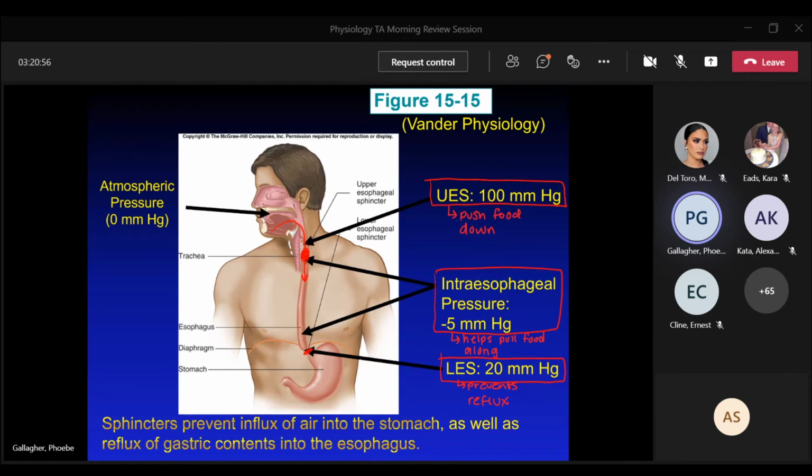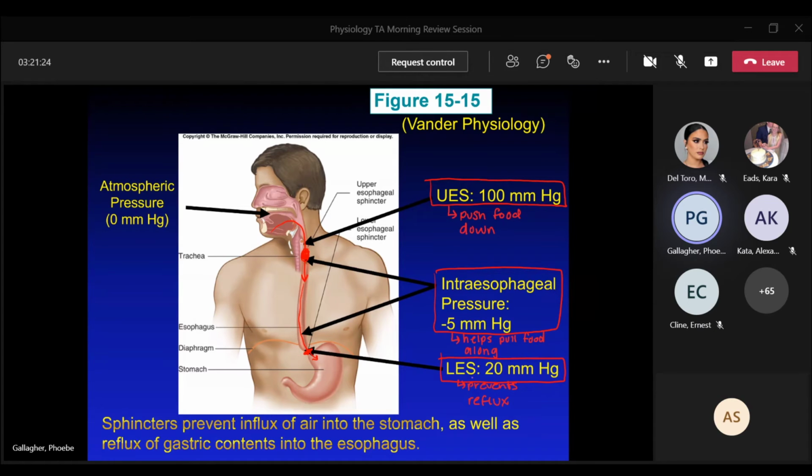And then at the bottom, your lower esophageal sphincter isn't as high pressure as your upper esophageal sphincter because it does need to allow food to enter as it moves down through peristalsis. I don't think peristalsis would be able to overcome the lower esophageal sphincter pressure if it was as high as the upper esophageal sphincter pressure. And that's why you can get acid reflux.